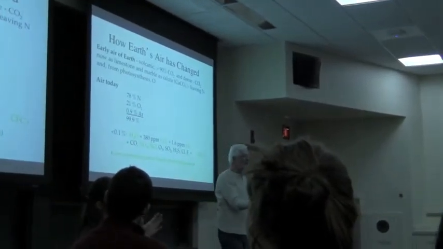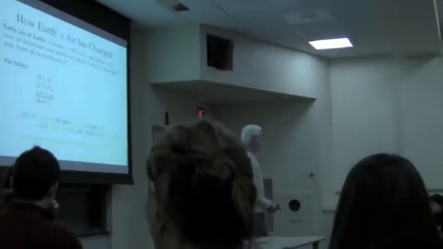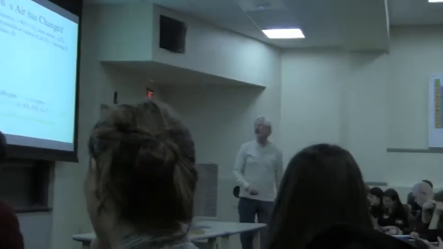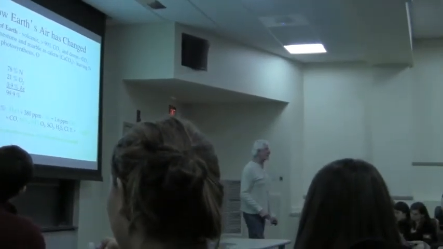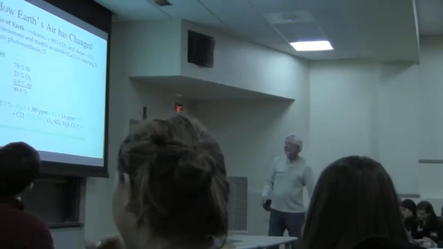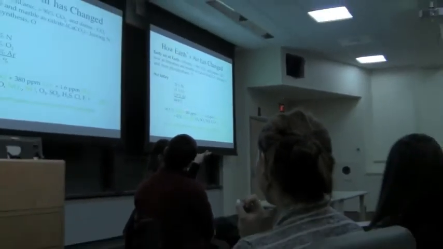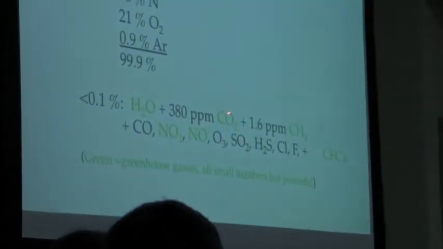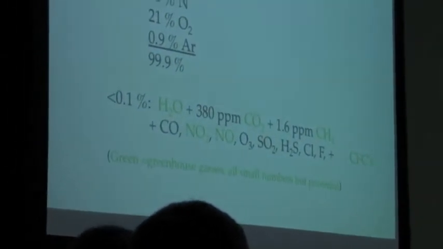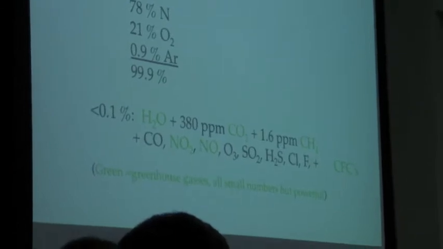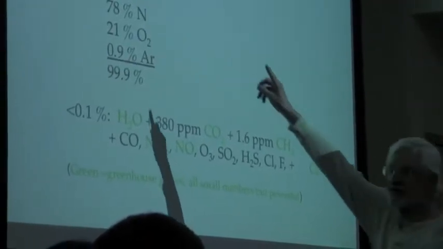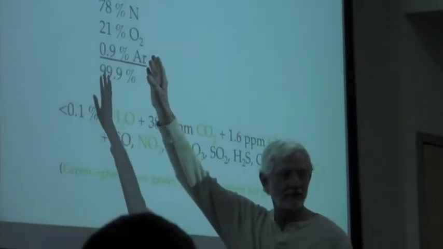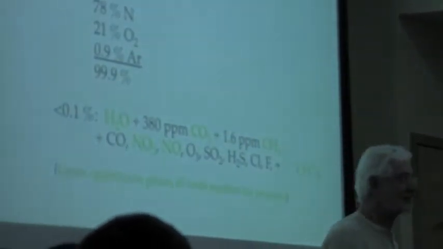The leftovers are really important because it's the leftovers that are affecting our climate. Water vapor, less than 0.1%, is the next most abundant. And then the really small numbers. In green are the greenhouse gases, 380 parts per million carbon dioxide. That's all? I mean, I'm worried about 380 parts per million. It's a very trace amount, but it's really affecting us.